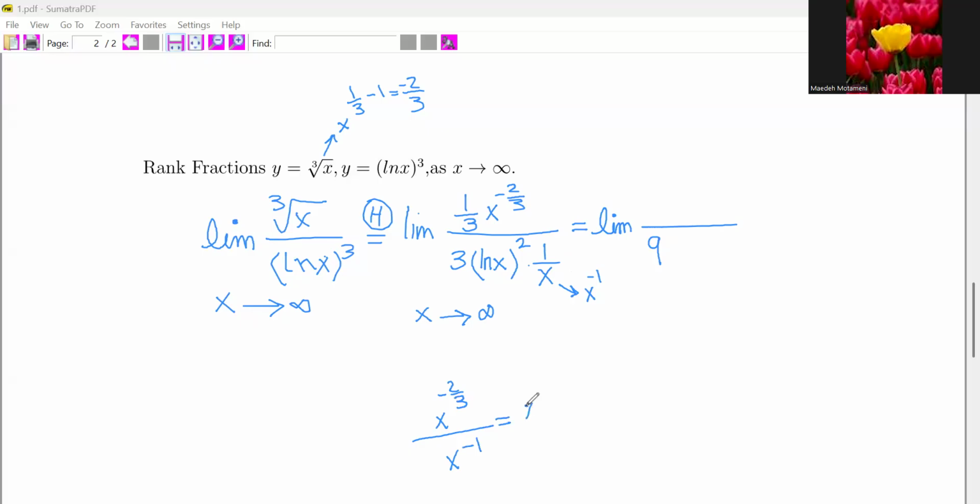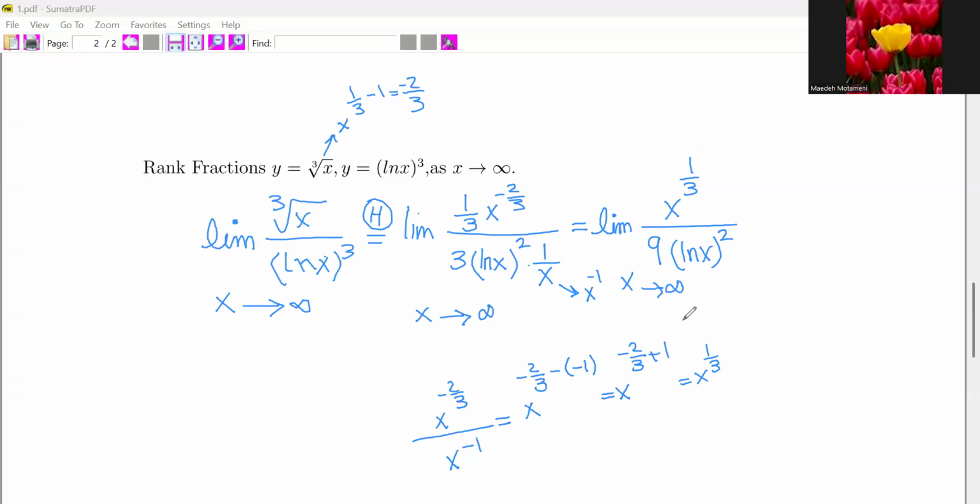Following the power rule, it will be x to the power negative 2 over 3 minus negative 1, which means x to the power negative 2 over 3 plus 1, which is the same as x to the power 1 over 3. And we would write it here. And also, we would have (ln x) squared, when x is approaching infinity.